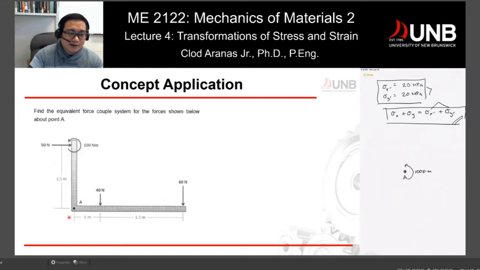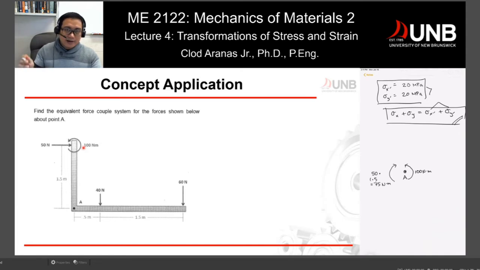So this 50 newtons creates a moment equivalent to 1.5 times 50, and that moment is clockwise. That gives you 75 newton meters.